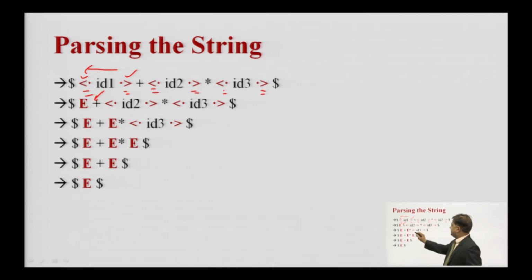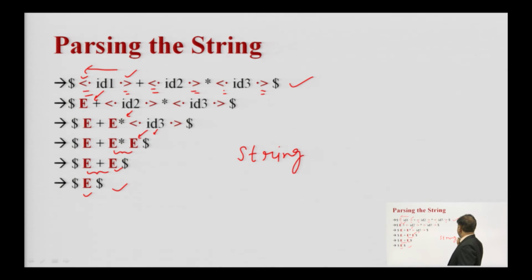Similarly, next step, I reduce this ID2 with E, and next step ID3 is reduced by E. In next step, I reduce E star E by E, and at last step I reduce E plus E by E. That means I reach the starting symbol E. If I can reach from the string to the starting symbol, I can declare that the string is parsed, right.